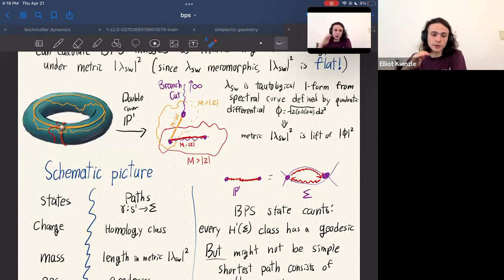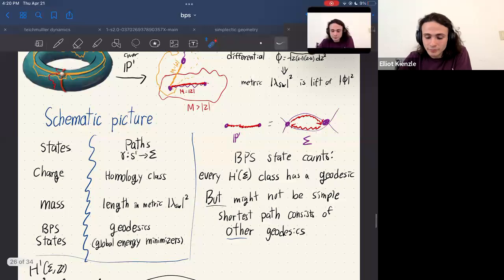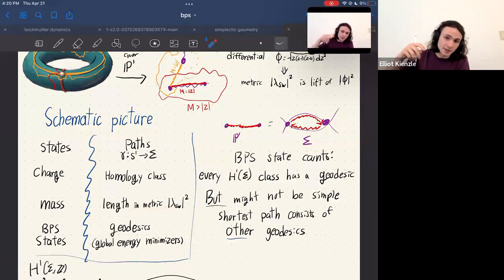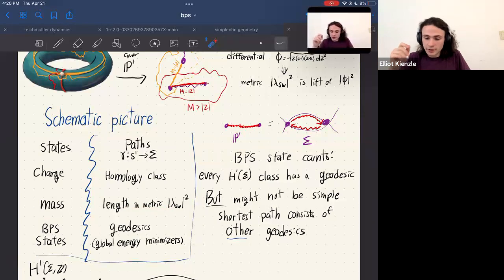Following through all of the analogies, we're thinking of the charge of these things as the first homology, right? And I just said that the mass is like length. So the BPS states are going to be minimum length states, pull them taut. And these are going to be geodesics.